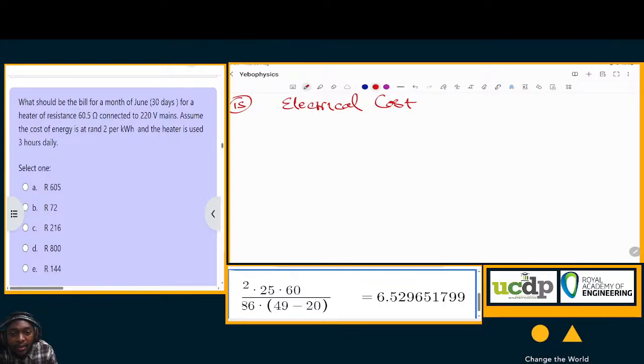So what we have, we've got a resistance of 60.5 ohms. We've got a voltage of 220 volts.